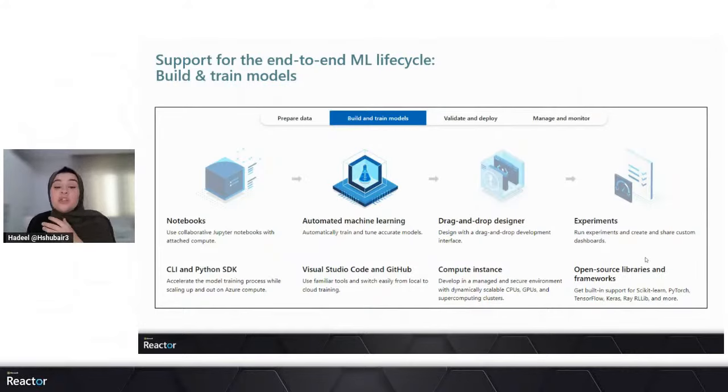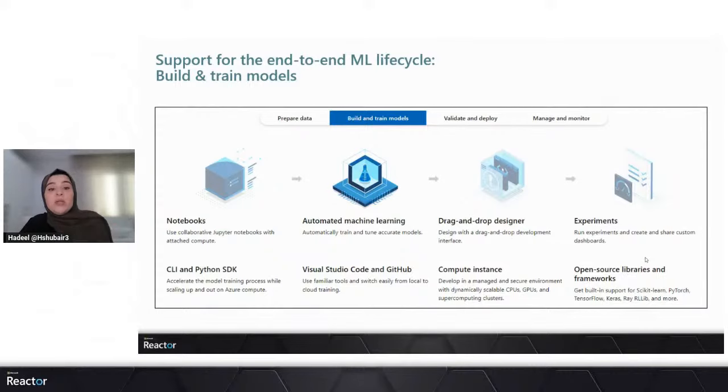Also, you can use automated machine learning, which is a service used to train and tune accurate models automatically. You can also find the drag and drop development interface on the machine learning platform. And you can also run experiments and create and share them through custom dashboards as well. And this is all done underneath the build and train models step in the machine learning lifecycle.